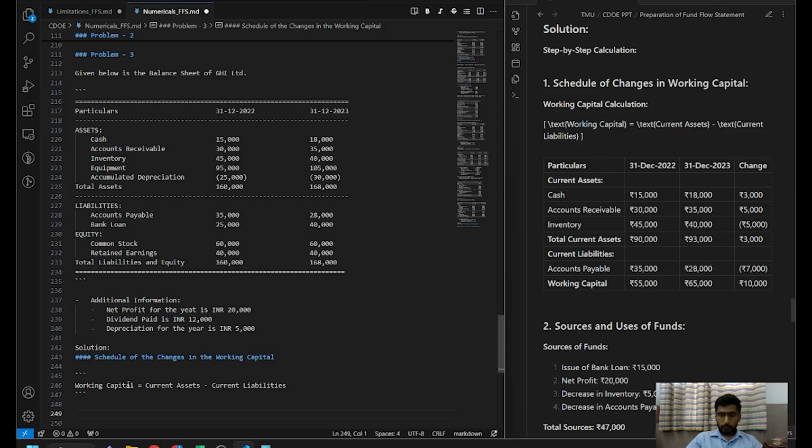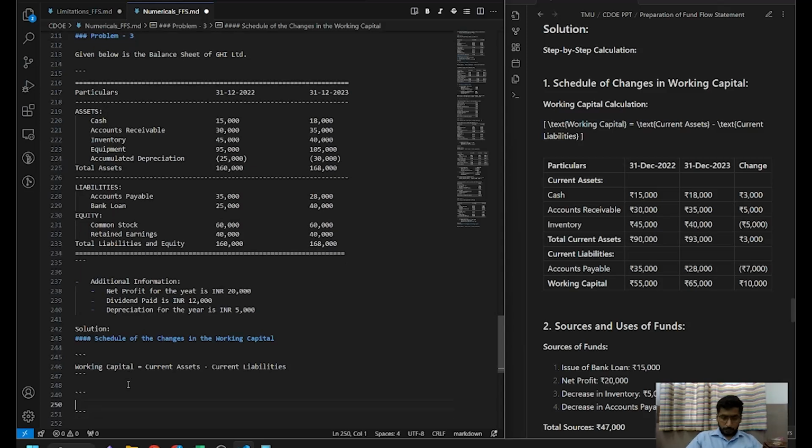So, we have the statement of changes in working capital.